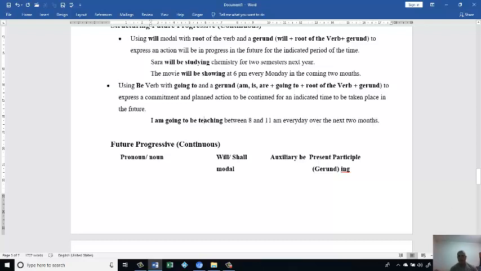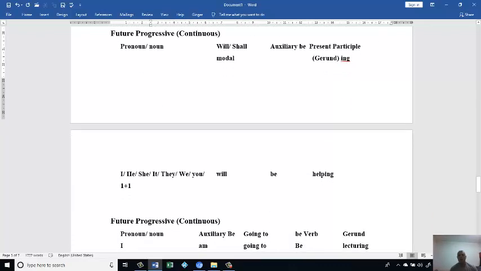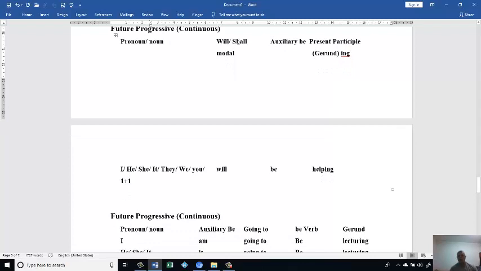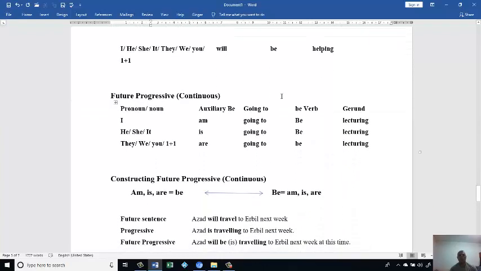Okay? Let's continue with the future progressive. Pronoun, will or shall, sometimes called a modal. Then the auxiliary, because here we have the auxiliary be, or am, or is, or are, and then we switch it with be. Then we have the -ing form. For example, you could say, I will be helping him next week.